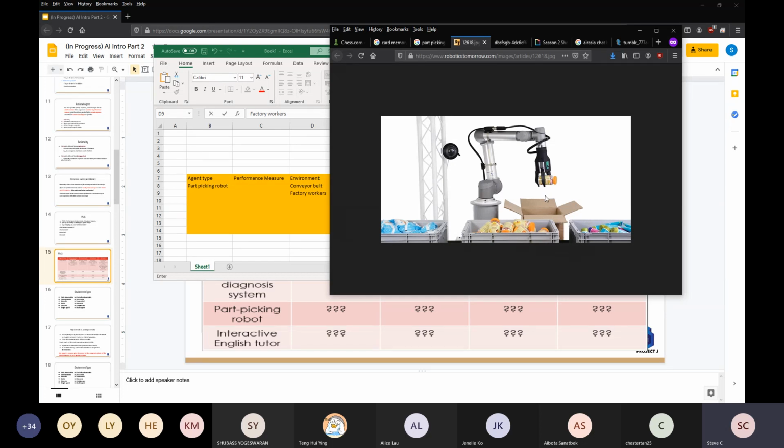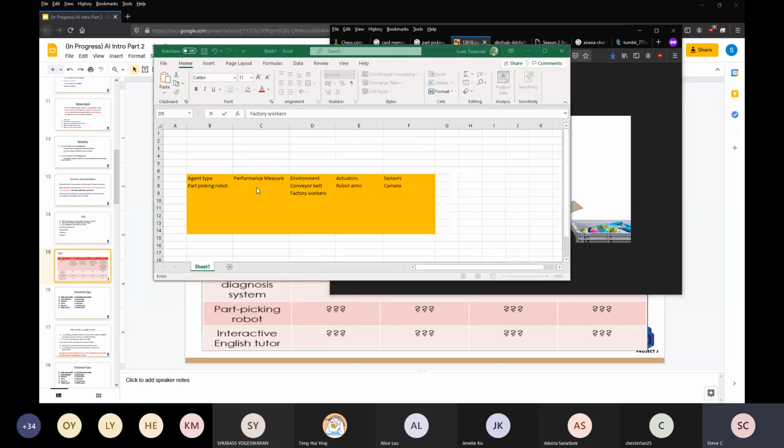So you might think that, okay, this robot might make mistakes, might malfunction. So that could be a measure to check its performance. So you could say that the performance measure over here is number of items put in correctly.